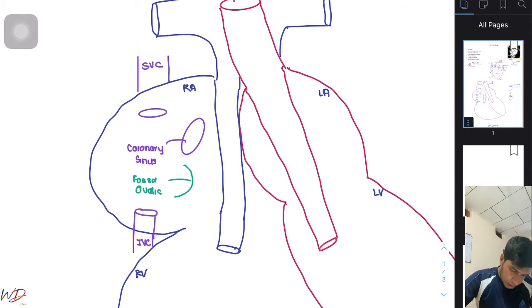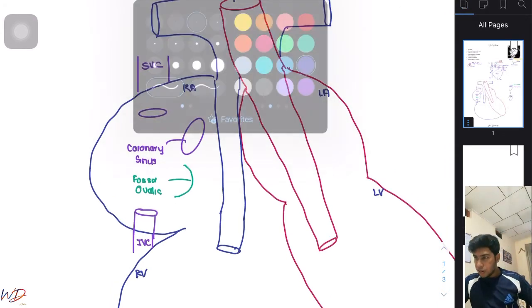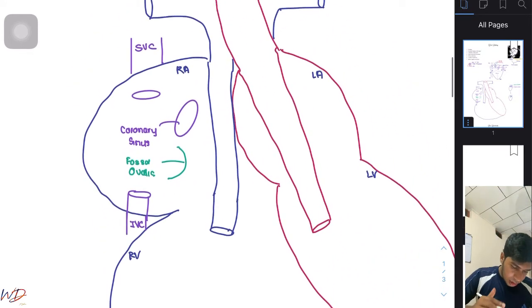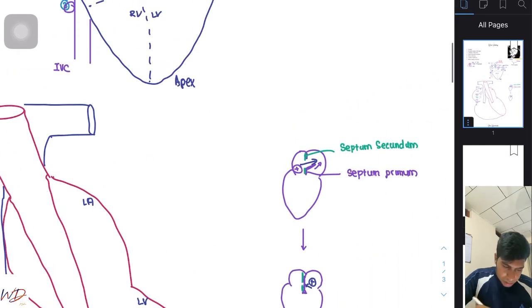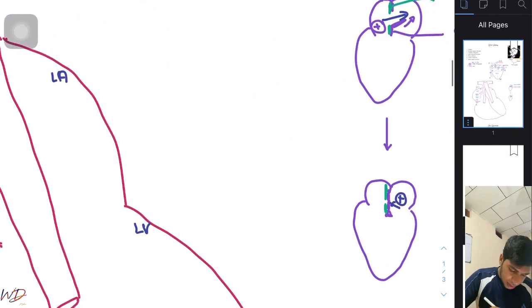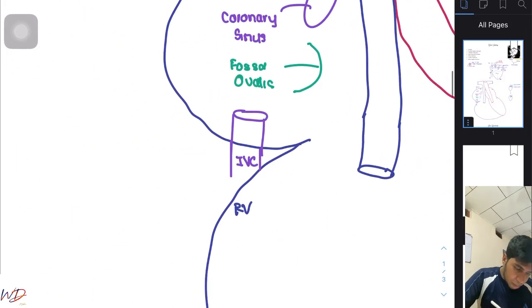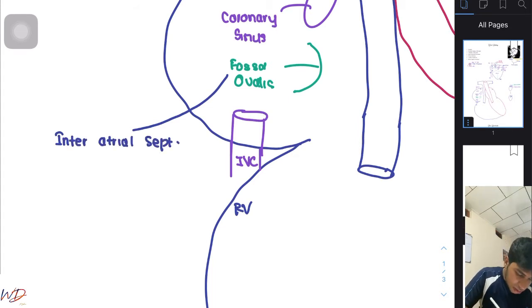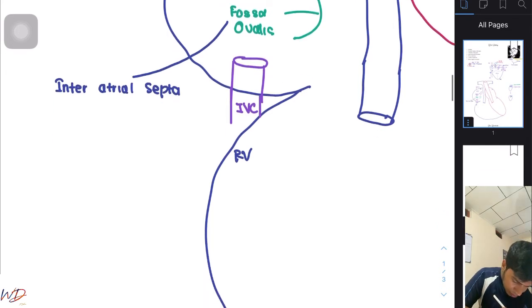That is the main stuff you need to know for the right atrium. And let me just highlight this fact. So I did not show the septa properly, but as you can see from here, it is found in the interatrial septa. The fossa ovalis is found in the interatrial septa.